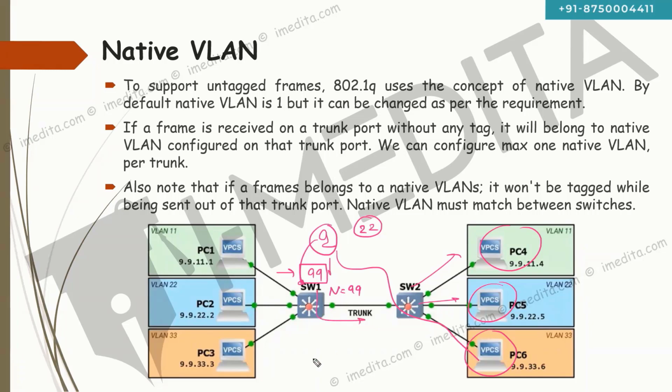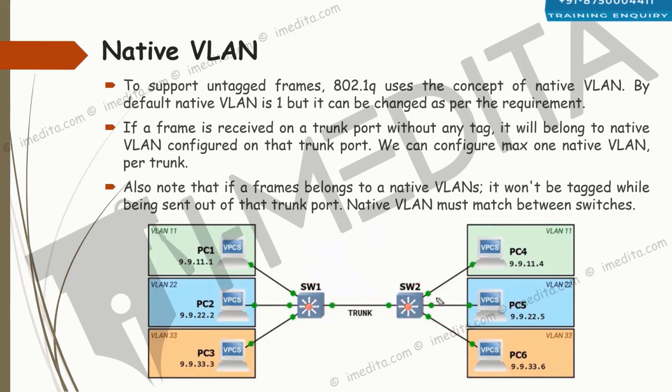Traffic will pass through the trunk link. The same VLAN is configured as native on that trunk link, so the traffic will be sent as it is towards the neighboring device. When this neighboring device receives the traffic, it has a tag number 22. Traffic will reach the user in VLAN 22, and whatever type of attack the attacker wants to perform can be done. So it's more like a vulnerability.